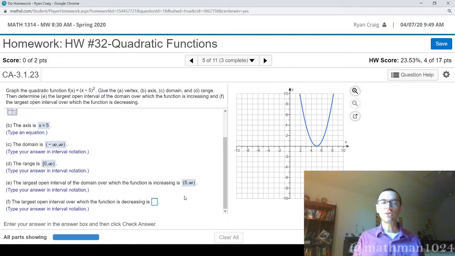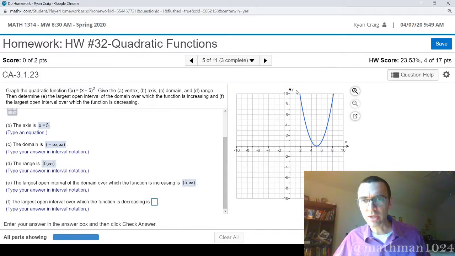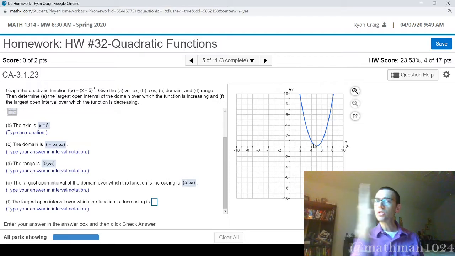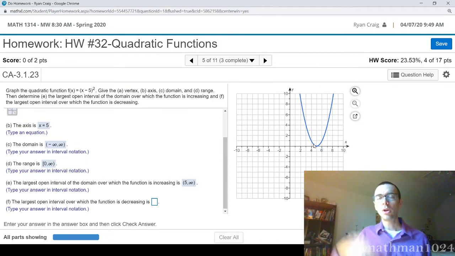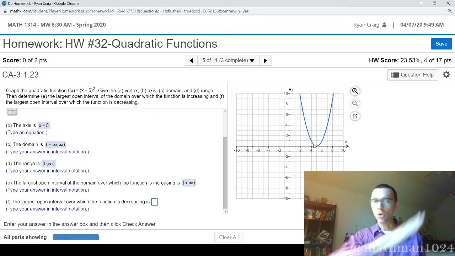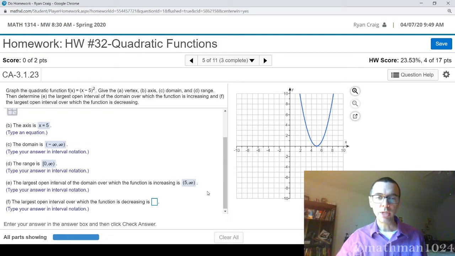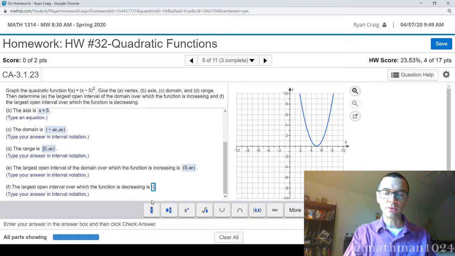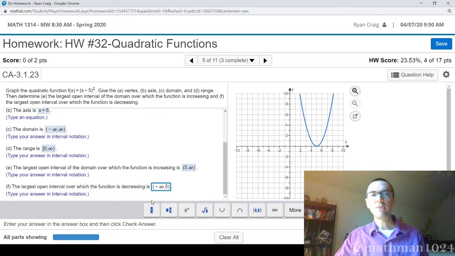And then it's going to ask you the open interval over which it's decreasing. Well, that's what we have here on the left side. We're going down as I trace from left to right. Again, always as you go from left to right, what are you doing? Are you decreasing or are you increasing? So I'm decreasing over that interval from negative infinity to 5.